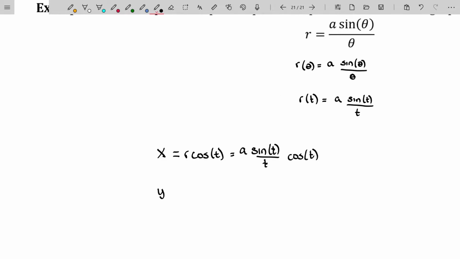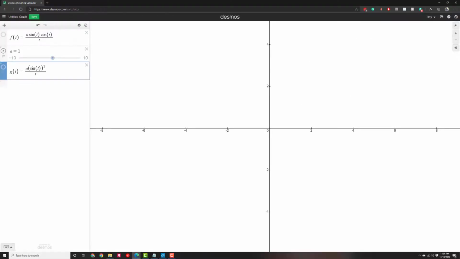And then y, again in polars, is always r sine of t, but that's going to be r is a sine of t over t, and then we're multiplying that by a sine of t, or basically you have a sine of t squared. Let's go ahead and see what that looks like in Desmos.